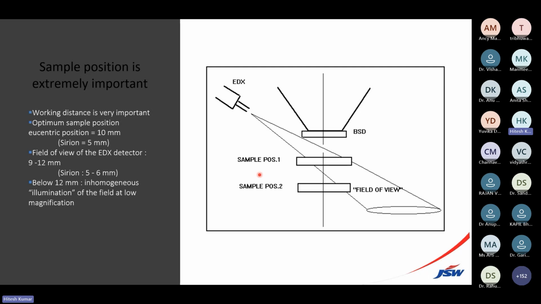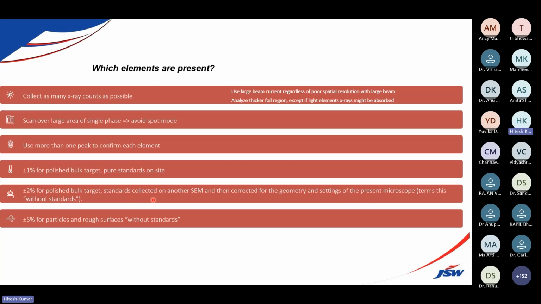If you are working above 12, then you get more inhomogeneous illumination of the field of view, so we are not going to get proper information in terms of EDS. Your field of view will be increased, so overall you are not going to get proper information. So 9 to 12 mm is basically the optimum value for your EDS detector, and exactly it will depend on what angle you are placing your EDS detector.